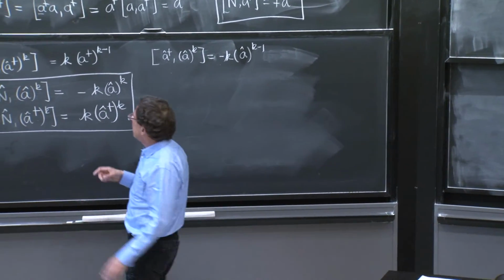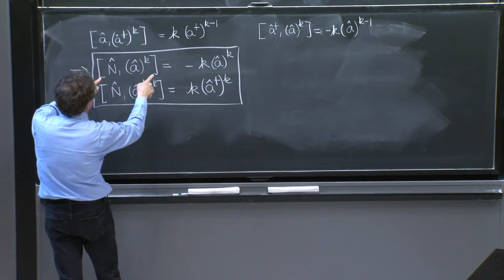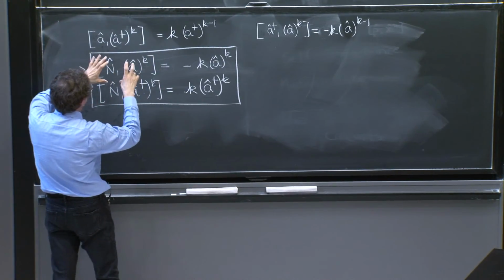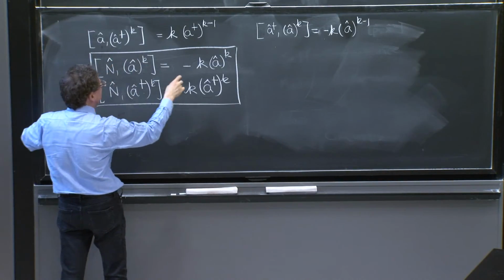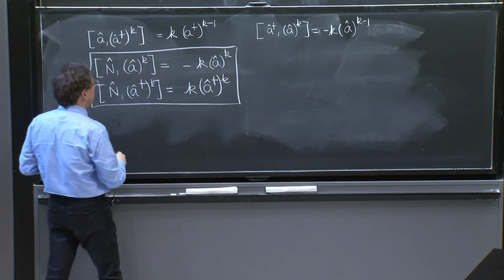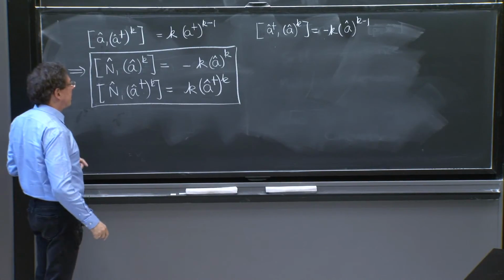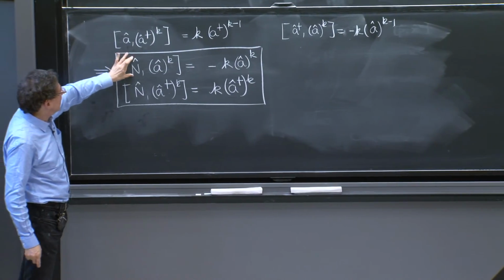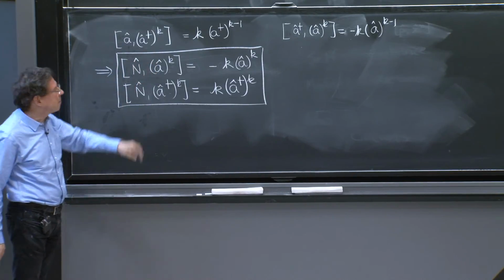I was a little glib by calling it the eigenvalue, but it almost looks like an eigenvalue equation, which has an operator, another operator, and a number times the second operator. It's not exactly an eigenvalue equation, though, because for eigenvalues you would just have this acting on the second one.